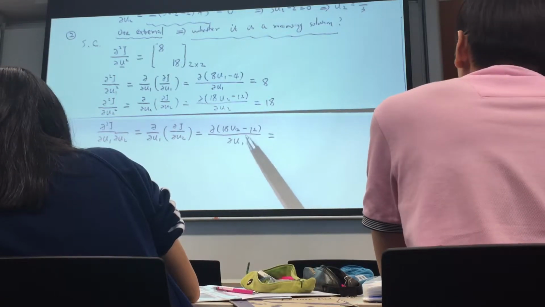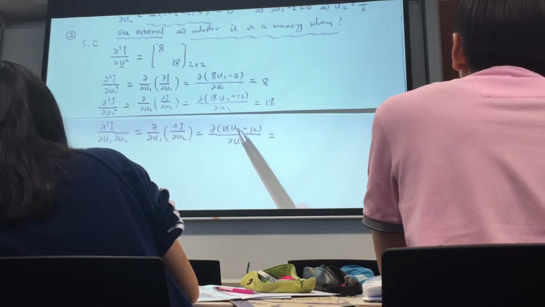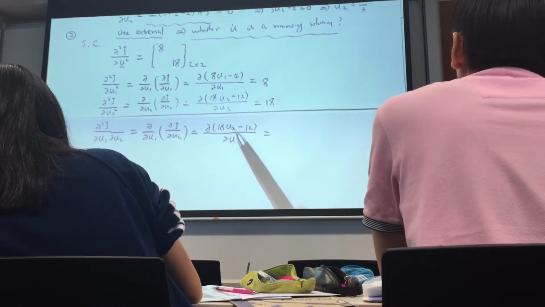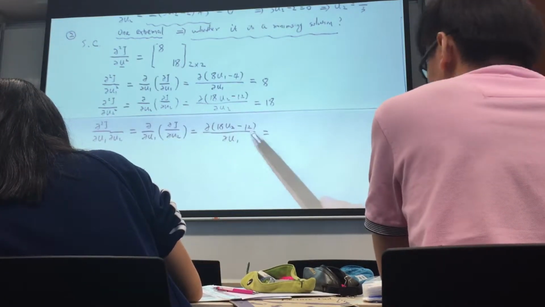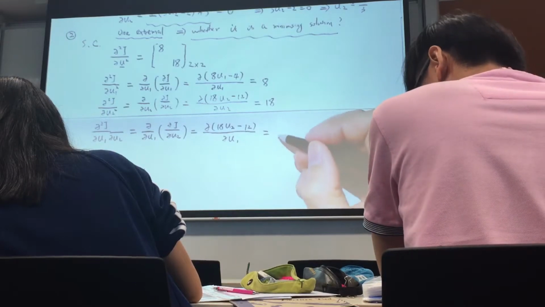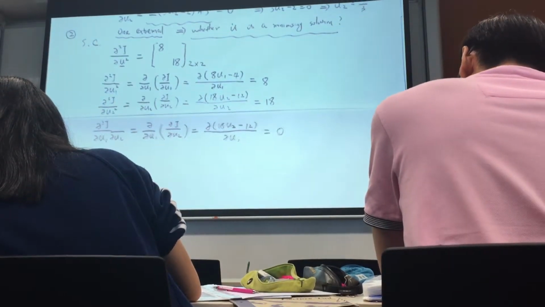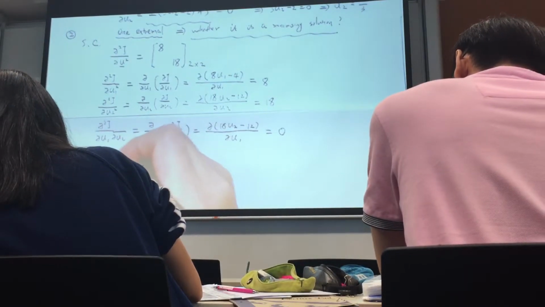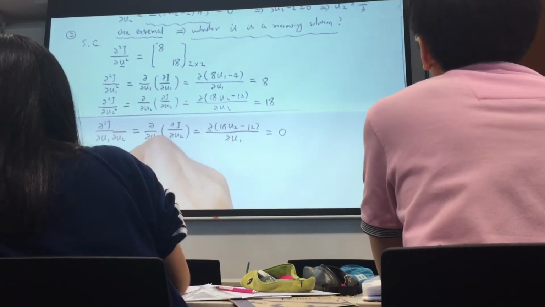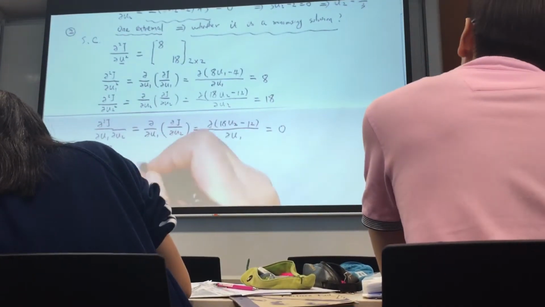The 12 is a constant, and also the u2 is a constant because we are calculating in terms of u1. So these are constants, and you got a 0. Similarly, we calculate d²J du2 du1.